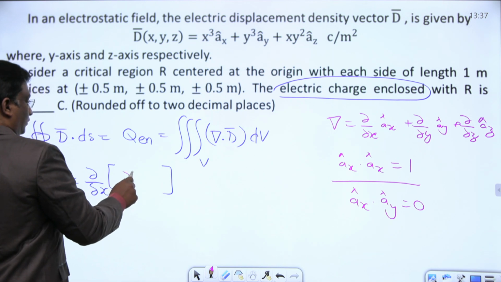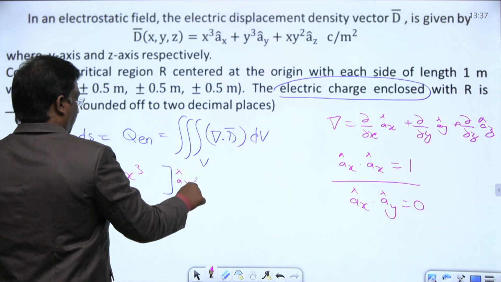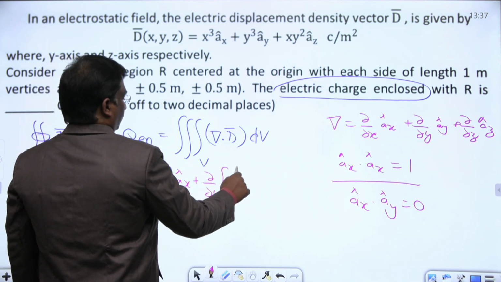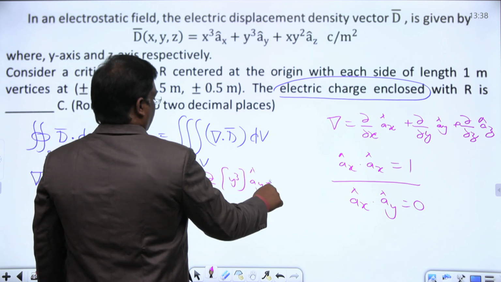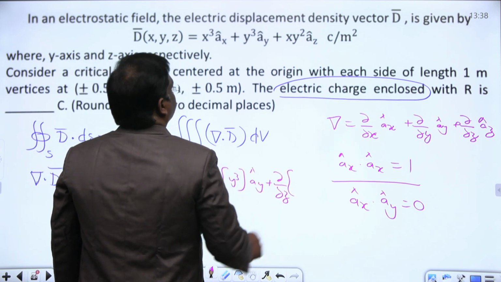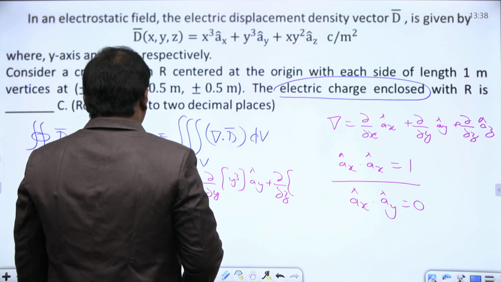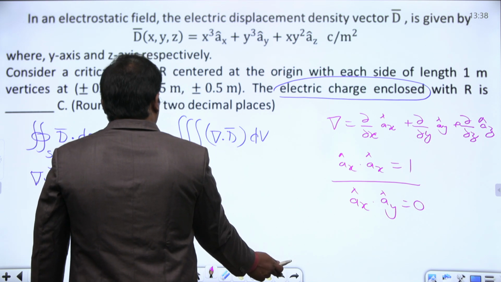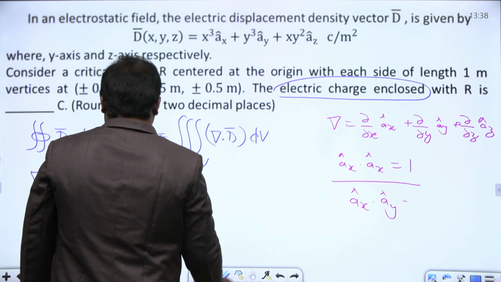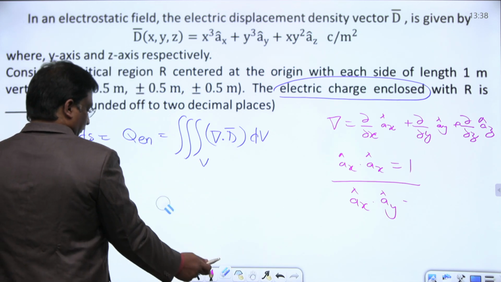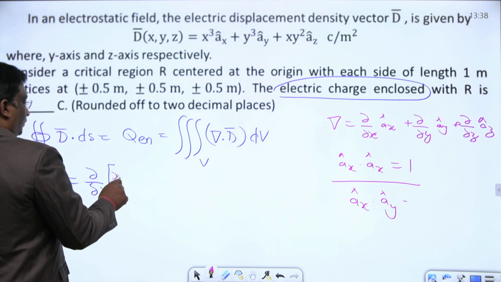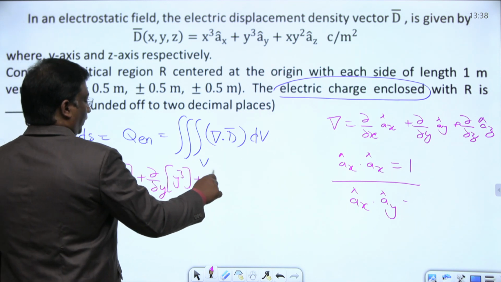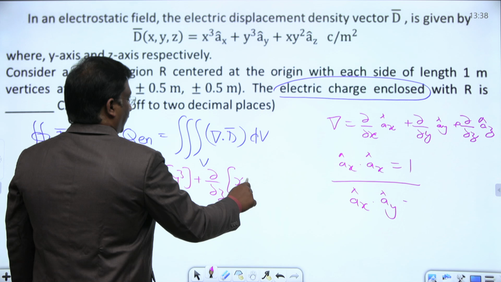This is x cube ax cap. Similarly, dou by dou y of y cube ay cap, plus dou by dou z. Here ax dot ax is 1. So dou by dou x of x cube, dou by dou y of y cube, dou by dou z of x y square.